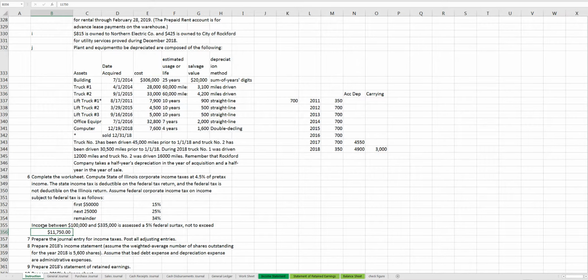If you look at the question, it's only charged between $100,000 and $335,000 at 5%, and above $335,000 this amount is fixed at $11,750.